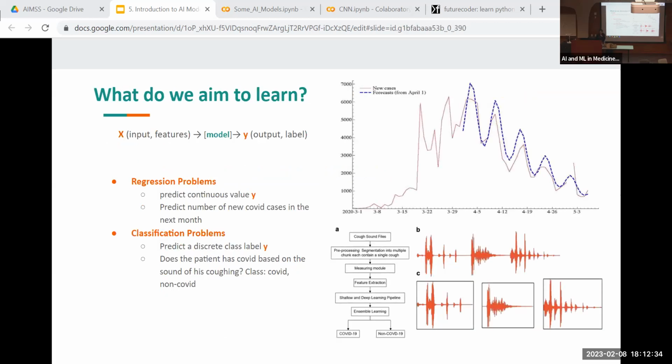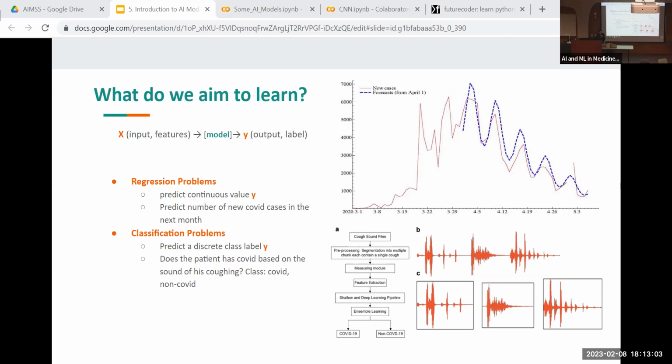We said that there are classification problems and regression problems as supervised learning problems, but let's dive deeper into that and see what exactly that means. So when we have a machine learning model, our goal is to predict a value as an output. And in a regression problem, this value can be a continuous value.